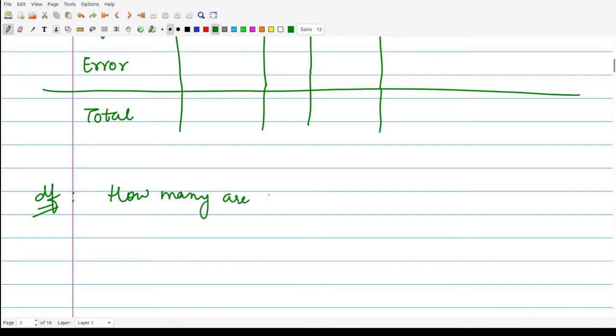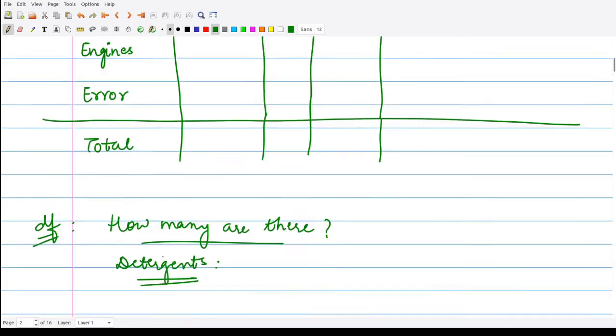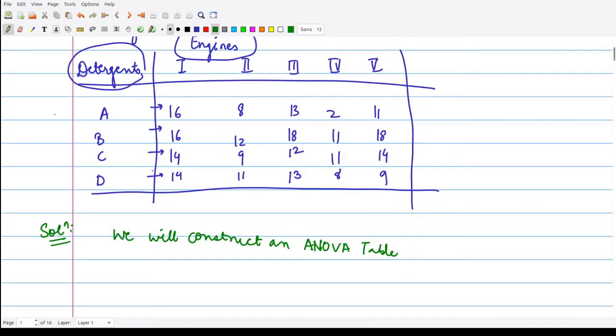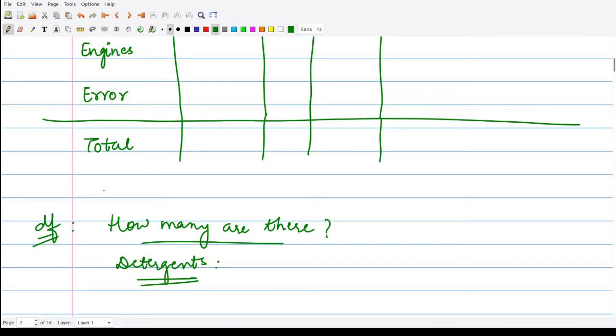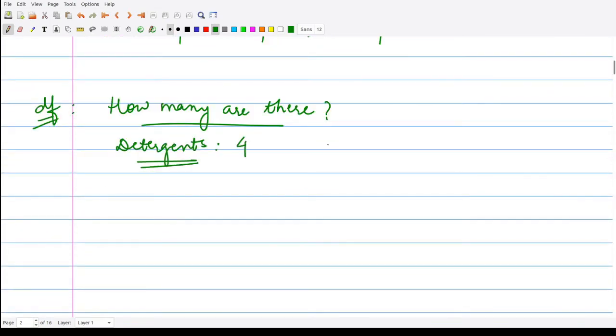They are in total 4: A, B, C and D. So we have 4 detergents. Therefore, its degree of freedom would be 4 minus 1. So we have 3 as the degree of freedom here.